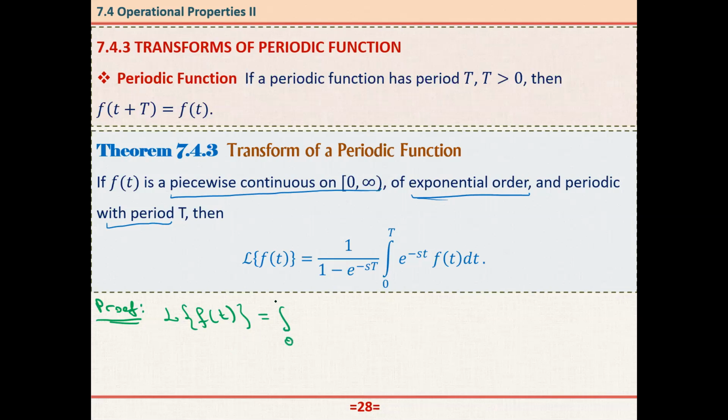That is the integral from 0 to positive infinity of e to the power minus st times f of t dt. Now, if I just write it as from 0 to capital T, because the period is T, after capital T, again, it's just repeating the same thing. So here we have the integral from 0 to T of e to the power minus st f of t dt, plus the integral from capital T to positive infinity of e to the power minus st f of t dt.